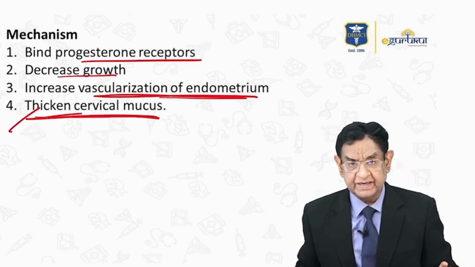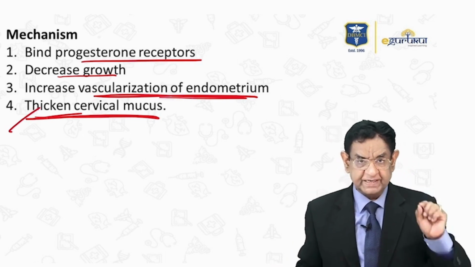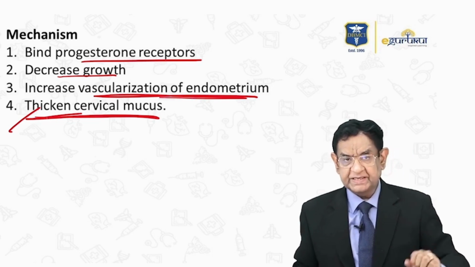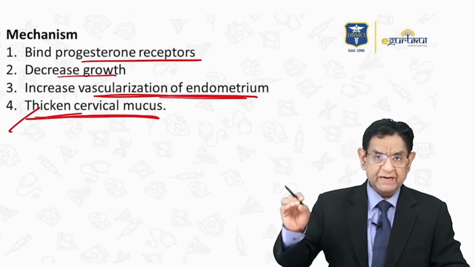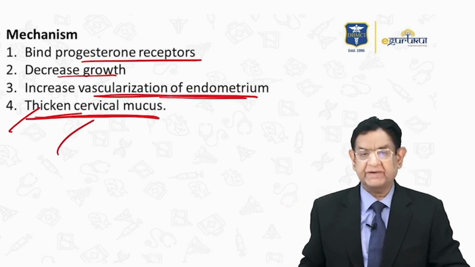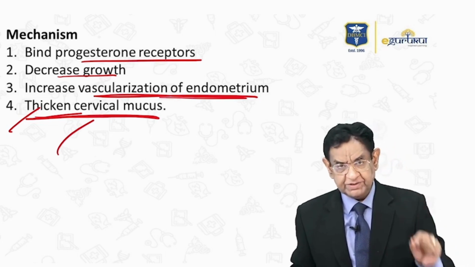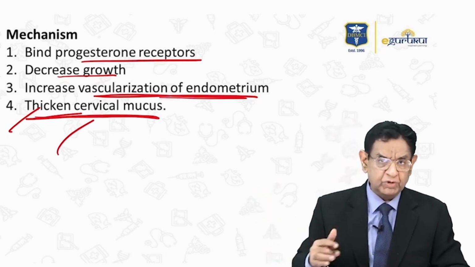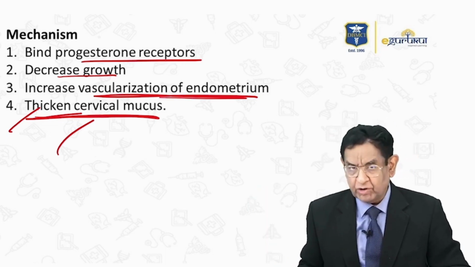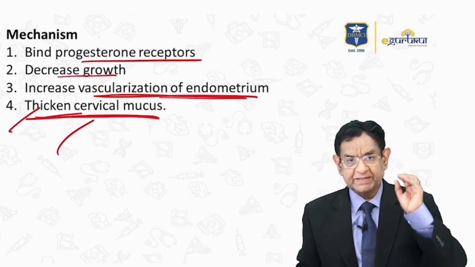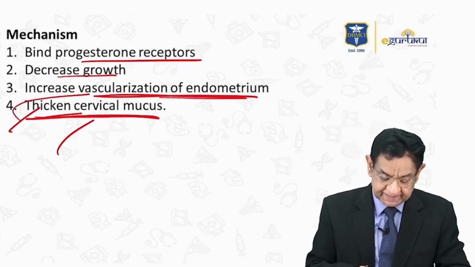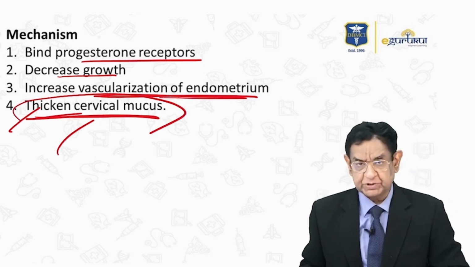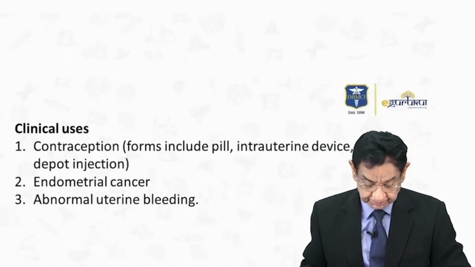In pregnancy also, when the lady conceives, there is an increased level of progesterone from the corpus luteum. That progesterone thickens the cervical mucus. The advantage of this is that if more sperm come, they are not able to enter. So by this, it prevents multiple pregnancies. So this has a definite use by progesterone, otherwise also.